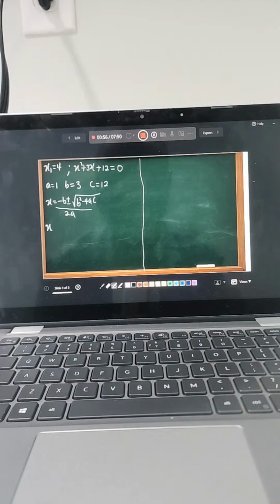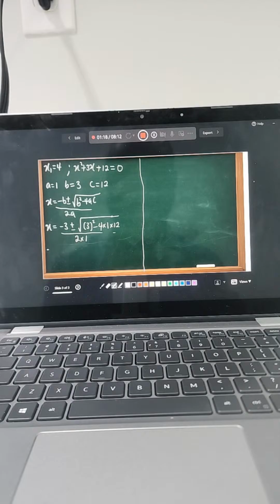Here, my x is going to be minus b, which is 3, plus or minus the square root of b squared, which is 3 squared, minus 4 times a, which is 1, times c, which is 12, all over 2 times a, which is 1.